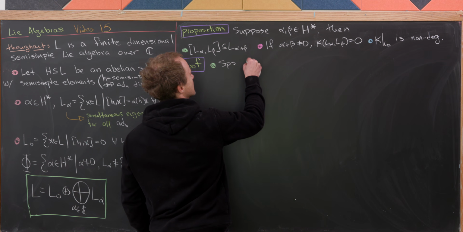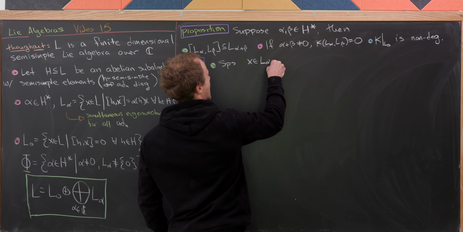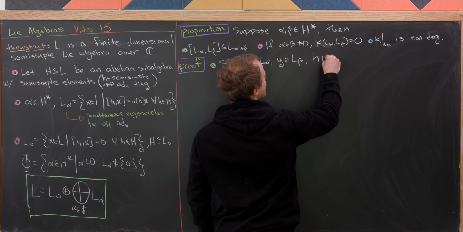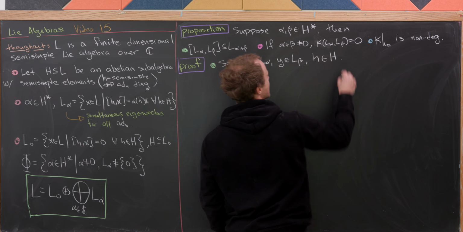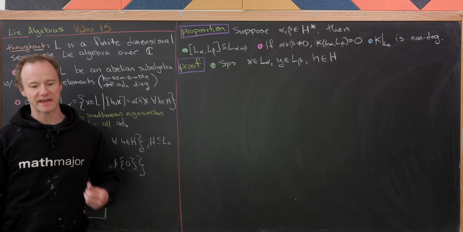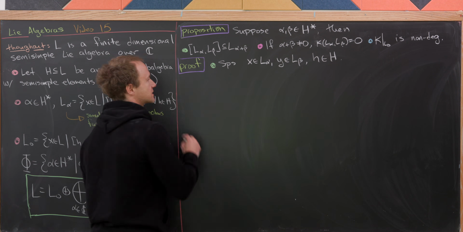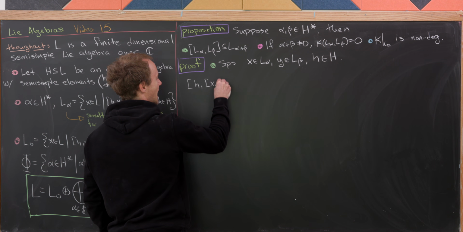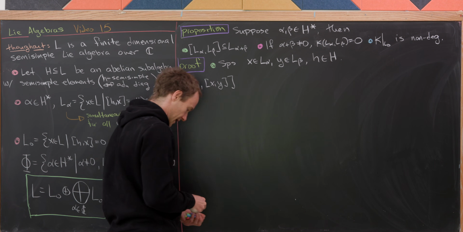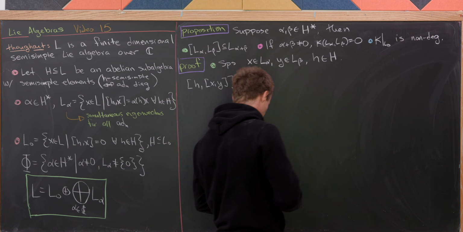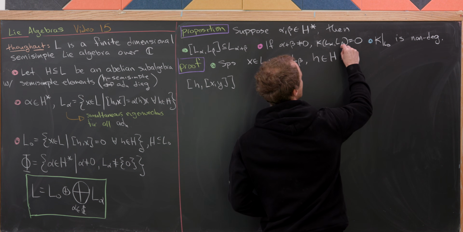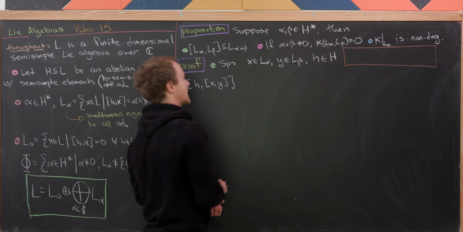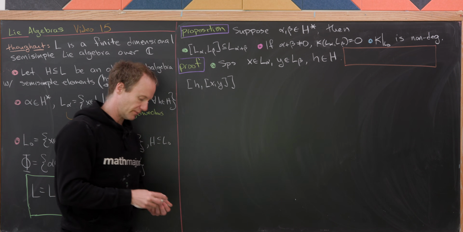So let's suppose that X is in L alpha, Y is inside of L beta, and then we're going to need an H inside of H, just based off of how all of this works. And now let's take the bracket of H with the bracket of X, Y. Maybe before we do that, let's quickly recall what it means for X to be in L alpha, Y to be in L beta.